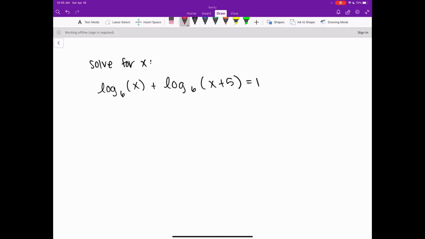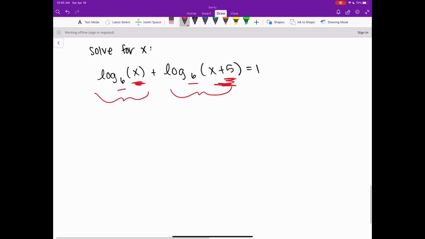I do see that I have the same bases, and I know that I'm adding these logarithm expressions, and when I add logarithm expressions with the same base, then that really means I'm multiplying these insides here. We've talked about that before with our logarithm properties. So I can take these and simplify it down to one expression, log base 6.